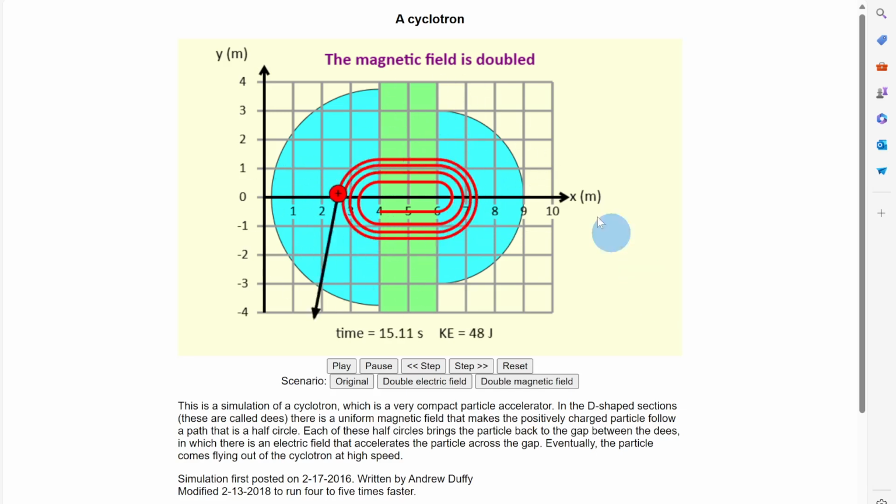Lastly, I'll show you what happens if we double the strength of the magnetic field instead. So this time you can see we're getting a lot more curving inside the Ds, i.e. due to the stronger magnetic field.